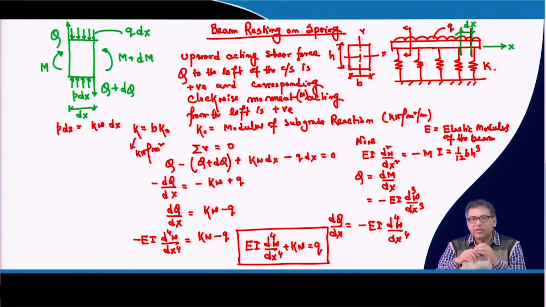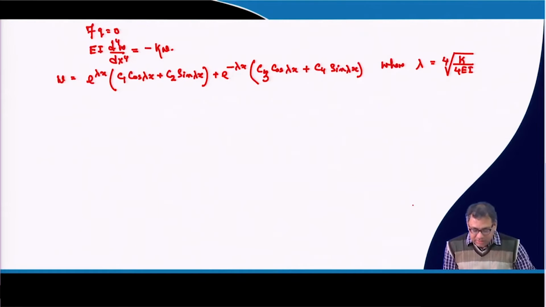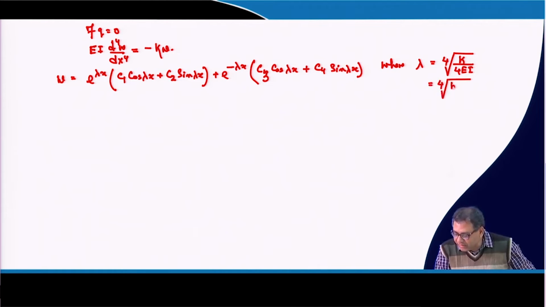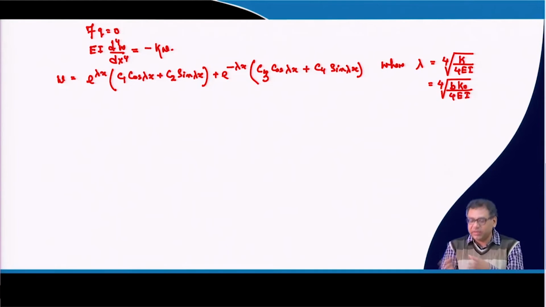So, EI is called the flexural rigidity of the beam. Now, this is the 4th root of B K0 by 4 EI. So, if you have K0, you have to multiply by B to get the lambda value.